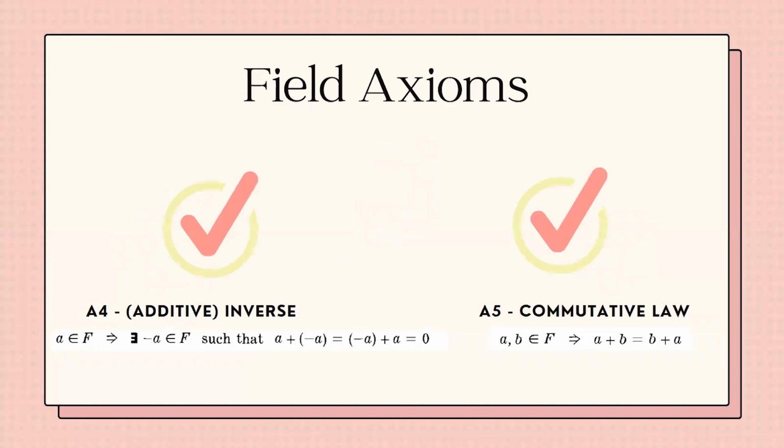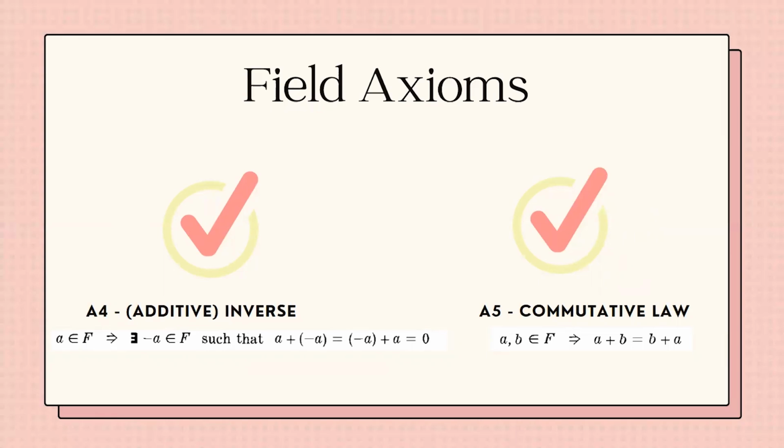Then we have A4. For every a an element of F, there exists an element which we denote by negative a, such that a plus negative a is equal to negative a plus a is equal to 0. This is what we call the inverse property of addition.